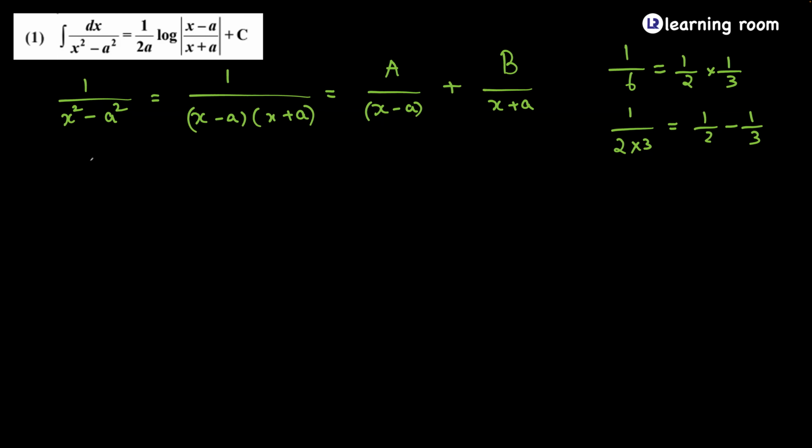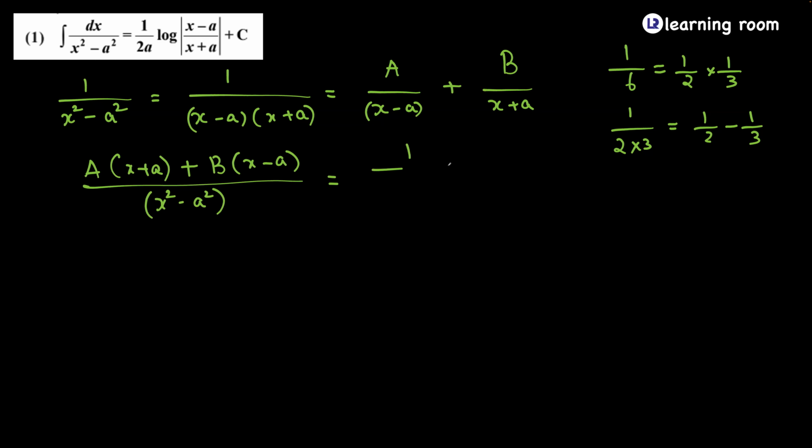So when you combine them, you get A into x plus a plus B into x minus a, divided by x square minus a square, which is equal to 1 divided by x square minus a square. So x square minus a square will get cancelled.